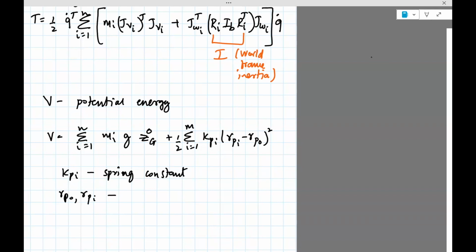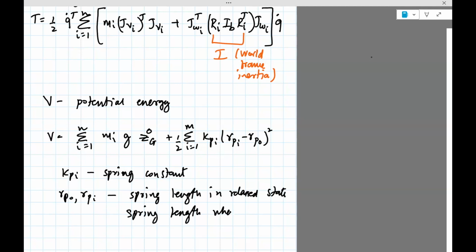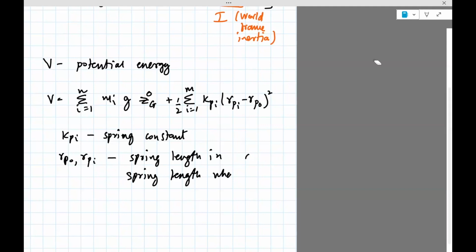RPi and RP0 are the spring length in relaxed state and the spring length when stretched.